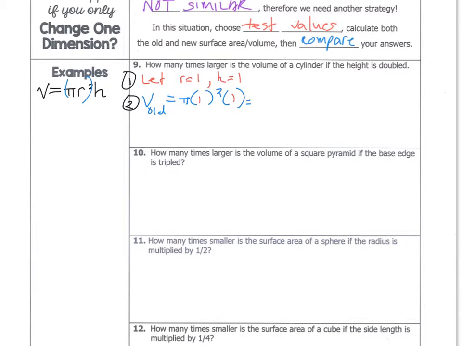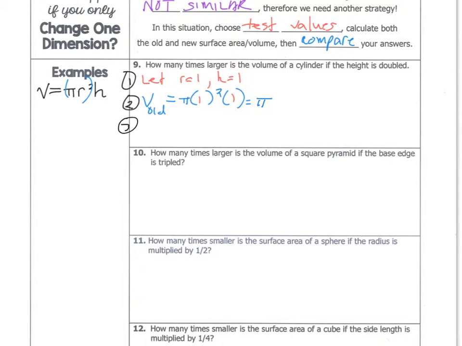What's 1 squared? 1. Times 1? 1. Times pi? Isn't it just 1 pi? That's why we want to choose values of 1. Sometimes we can't always choose 1, and it just depends upon what our scale factor is. If our scale factor is a fraction, we're going to get a little smarter, but for right now, we're just going to use 1.